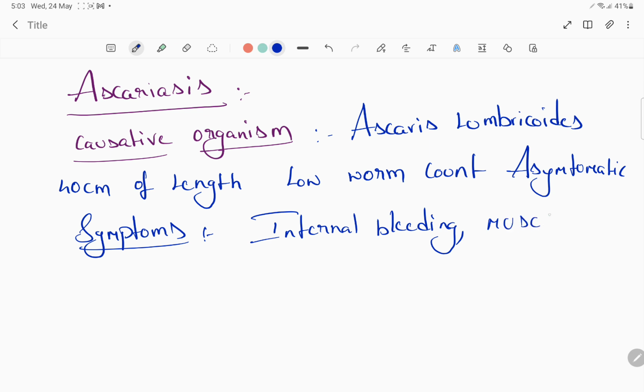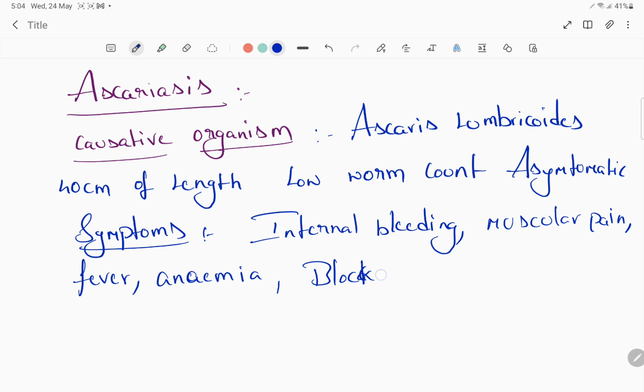Muscular pain, fever, anemia, blockage of intestinal passage.